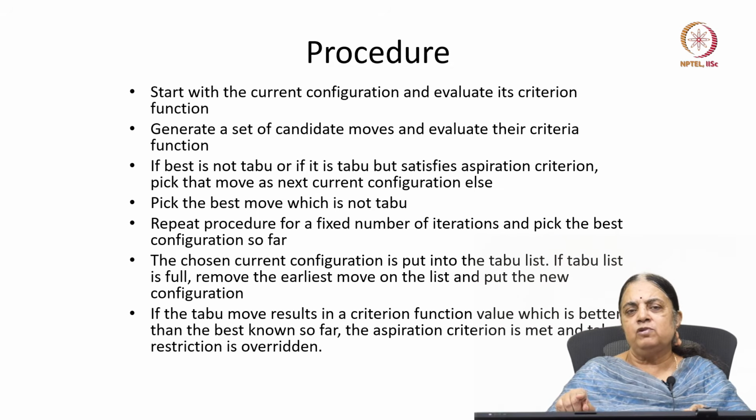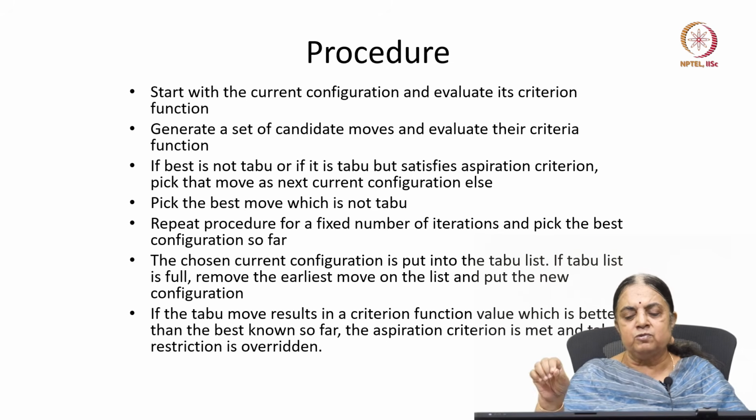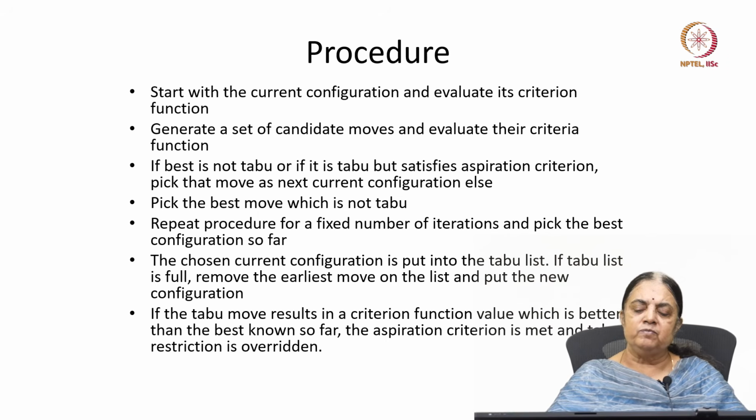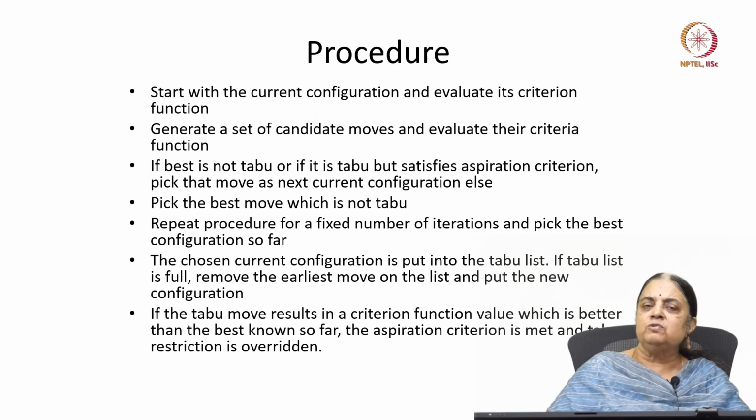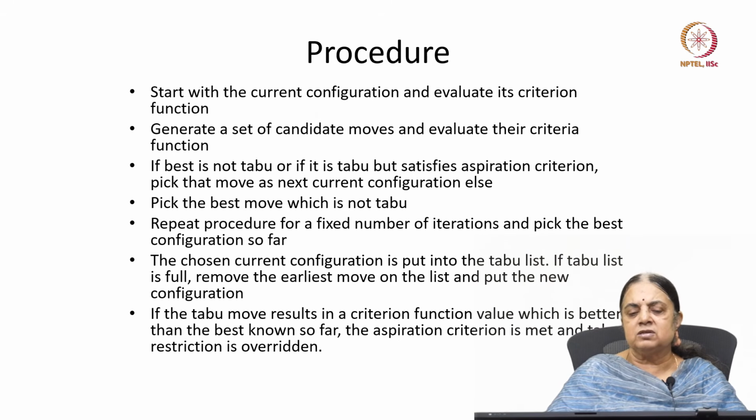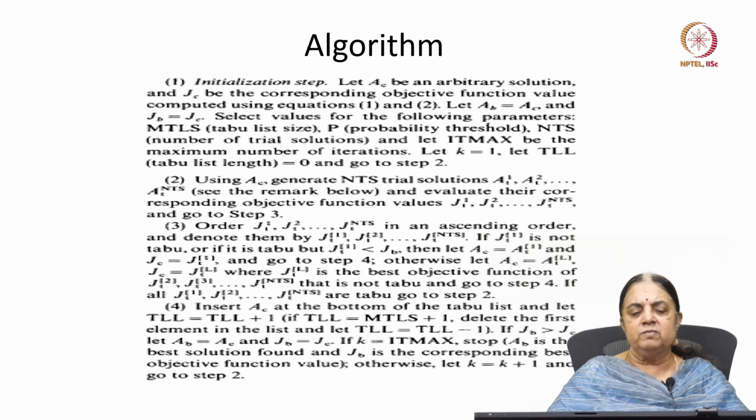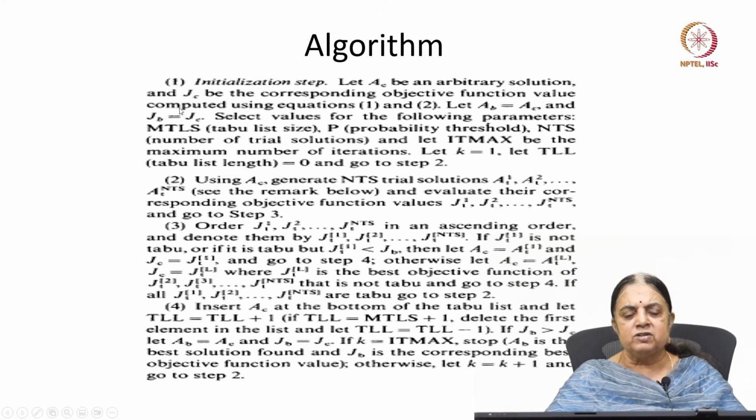If all of them are full, you put this new current solution into the Tabu list and remove the solution which was put earliest in the Tabu list. So that's how you update your Tabu list. And if the move which is Tabu is better than the best known so far, then the aspiration criteria is met. So even though it is Tabu, you still choose it as your next generation.